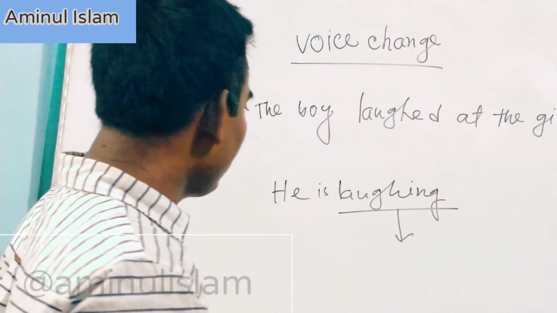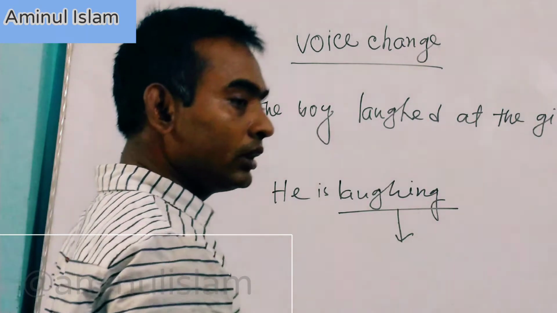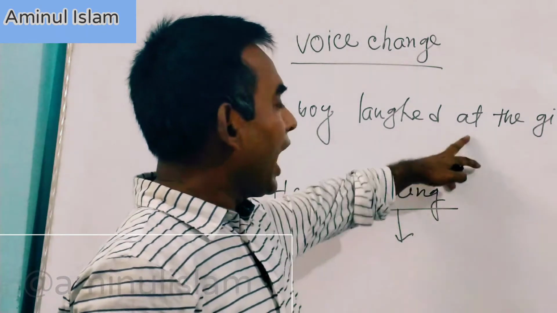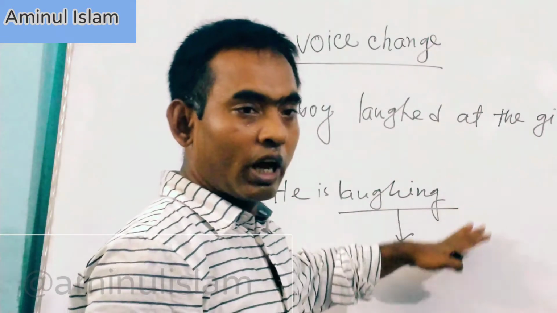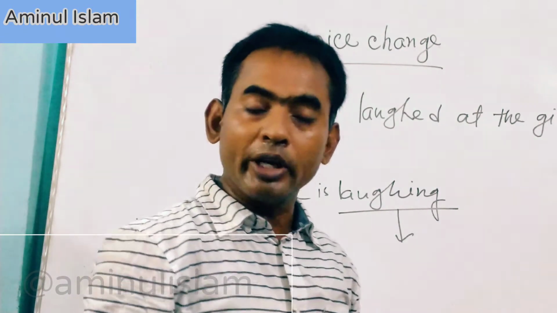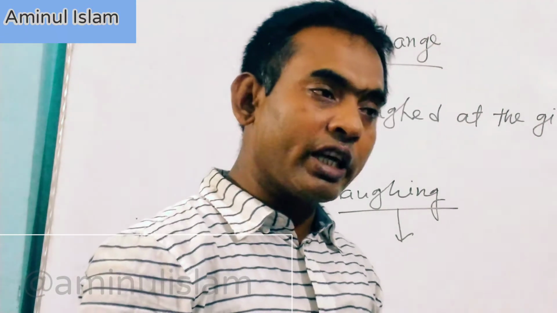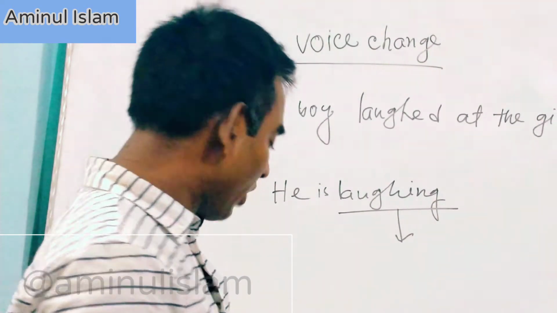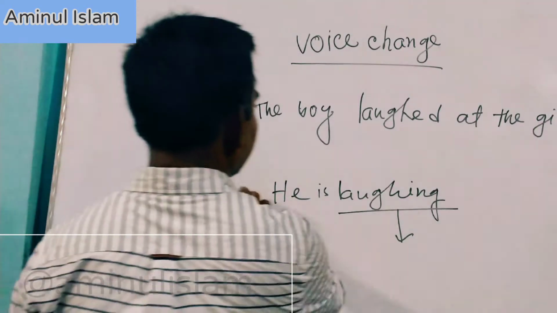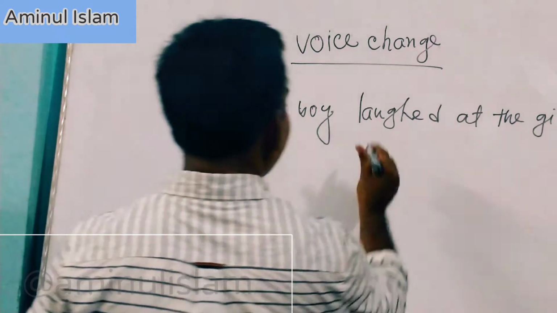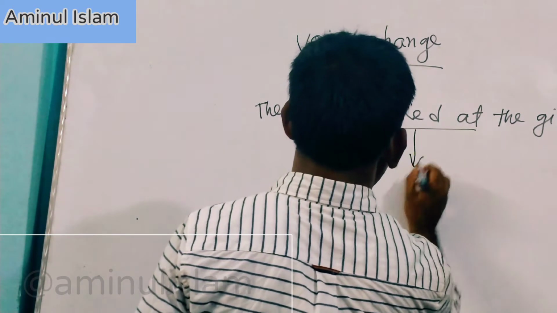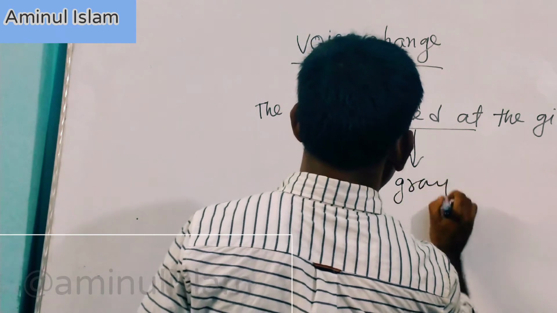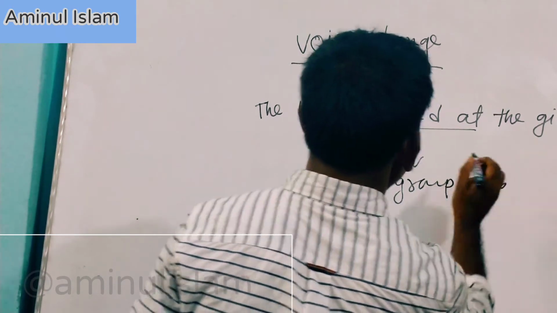But when the preposition at is placed after laugh, then the verb becomes a group verb, and in this case we can change the sentence into passive. Laugh at is the group verb.